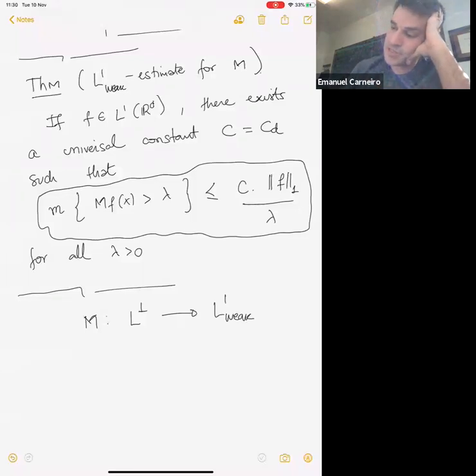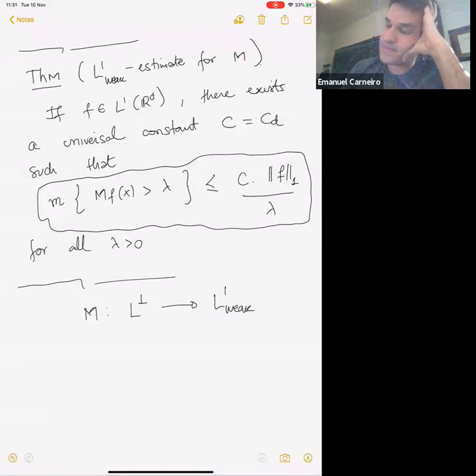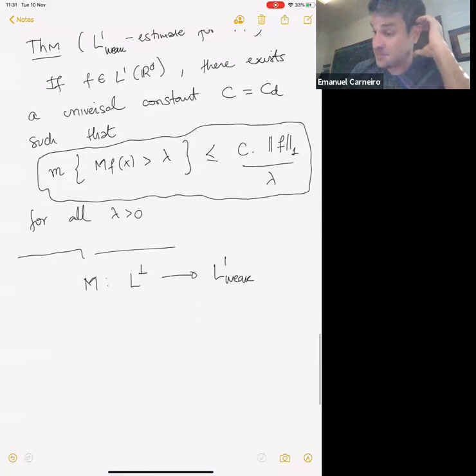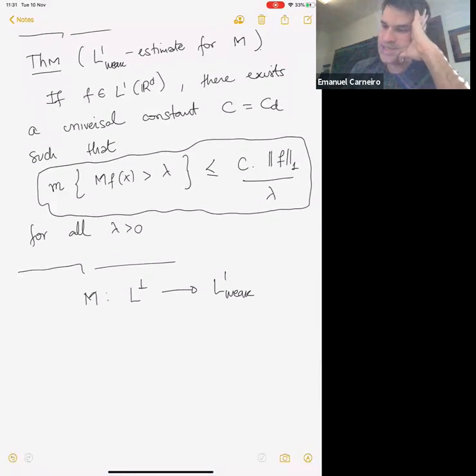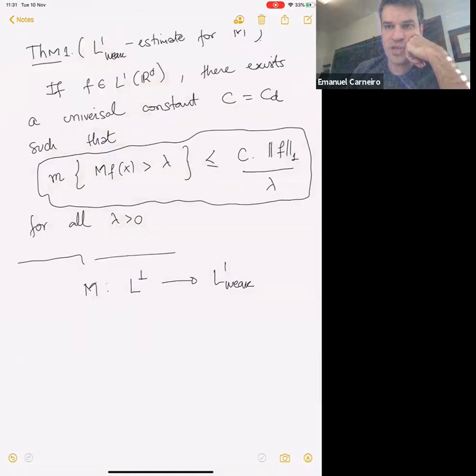The L1 weak norm that appears here is not exactly a norm, but it is bounded by the L1 norm of f on the right-hand side, okay, in this sense. And so this is the first theorem of the class today. We will see what we can do with this.